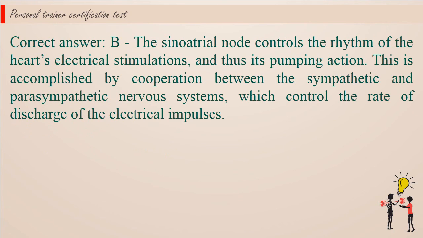Correct answer, B. The synovial node controls the rhythm of the heart's electrical stimulations, and thus its pumping action. This is accomplished by cooperation between the sympathetic and parasympathetic nervous systems, which control the rate of discharge of the electrical impulses.